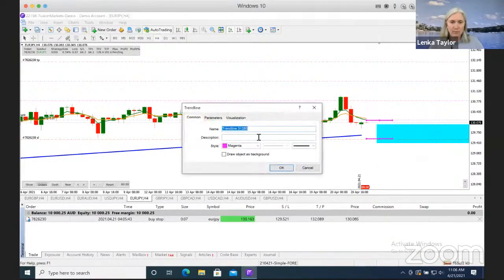Okay, so for that one, Euro JPY entry is 130.163.